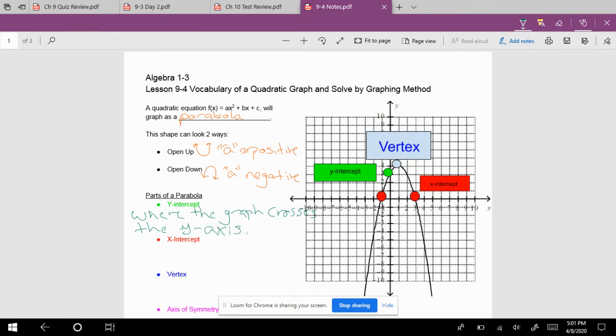The coordinate point of every y-intercept is 0, comma, and then the number of the y-intercept.